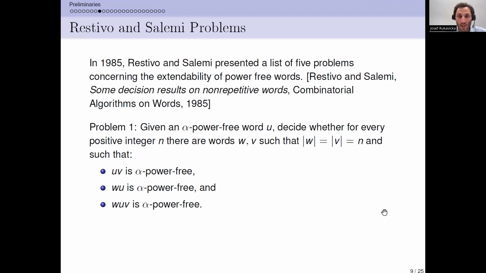Basically it's about extension of the word u in such a way that the resulting word has a given length and is still alpha power free. It's interesting in both directions, right, left, and also both of them simultaneously. So this is the first problem, which is still open.